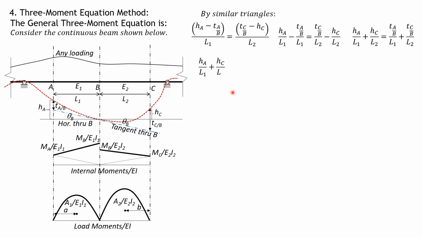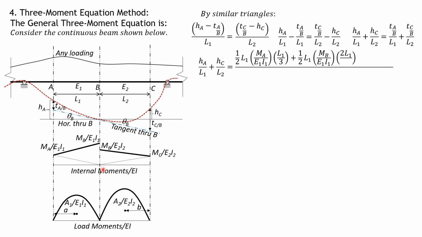So substitute the value of the deviation of A over L1 as equal to 1/2 of L1 times MA over E1 I1 times L1 over 3, plus this area here, 1/2 L1 MB over E1 I1 times moment arm 2/3 of L1, plus area 1 over E1 I1 times a, all divided by L1, plus the deviation of C relative to B over L2.